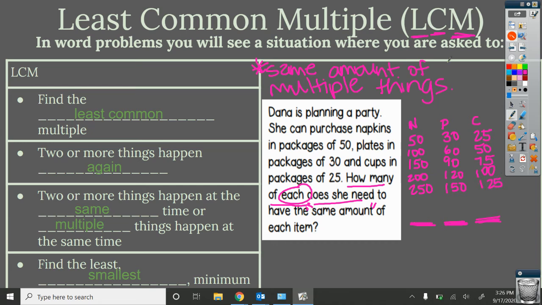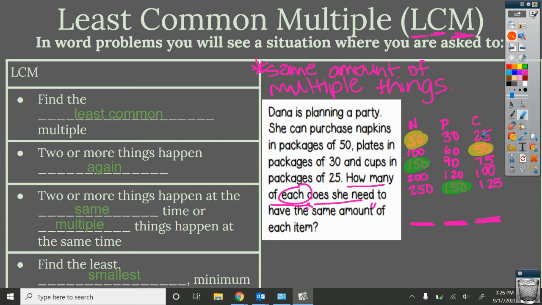Okay, so now I'm going to look for a common multiple. I've got a 50 here and a 50 here, but I don't have a 50 here, and there's not going to be a 50 here. So that's not going to work. Let's keep going. I've got a 150 here and a 150 here, but I don't have a 150 here.